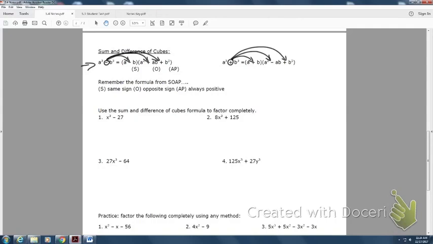Alright, so let's look down at number 1 and how we're going to approach these. Just because of the way the basic formula is set up, you're going to identify A and B. A is going to be the cube root of the first term. B is the cube root of the second term.